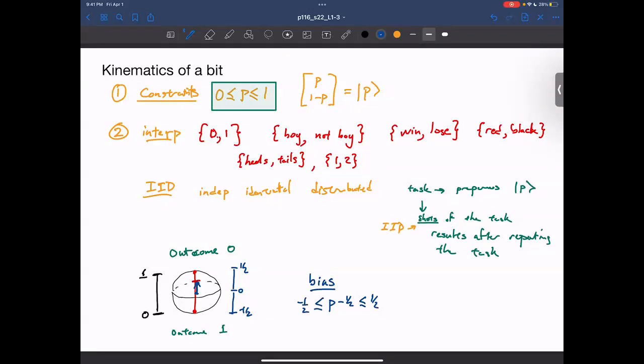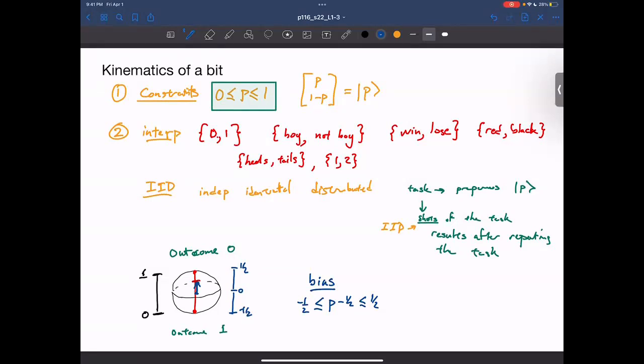It's a quick thought question here. Think about why the bias can be positive or negative. It's also a very interesting time to pause to think about negative numbers showing up inside of our discussion before we have anything to discuss with quantum mechanics. The negative numbers are showing up because you can be biased towards or you can be biased against some outcome. And so if you're biased against 0, then you have a negative 1/2 bias.